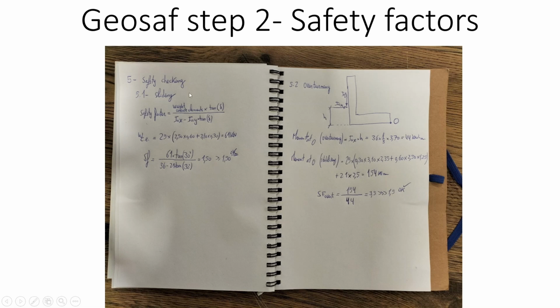So sliding is okay. The overturning, here you can see the representation of the forces. You can see the moment at point O, the overturning and the stabilizing moment. And we have got a safety factor of 3.50, which is, again, very much okay.